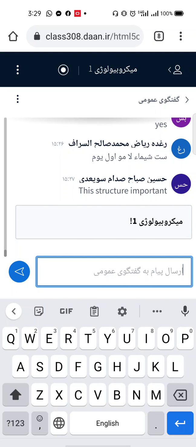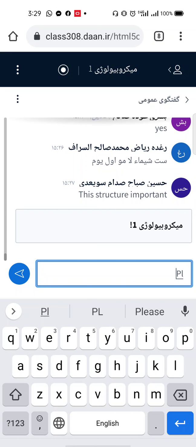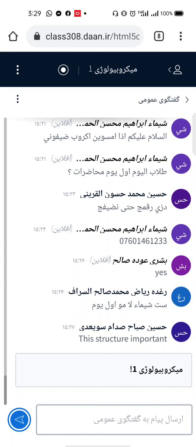Some gram-positive bacteria have teichoic acid, but all gram-positive bacteria have lipoteichoic acid.